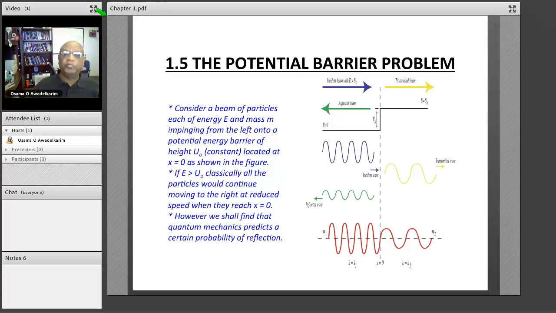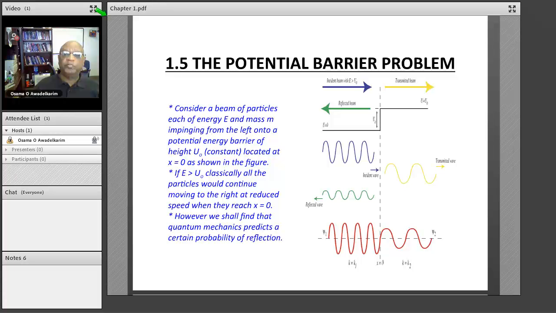Okay, so what we expect from classical mechanics is that since each particle has an energy E which is larger than U naught, then all particles will make it through the energy barrier and therefore will be transmitted to the right hand side, at x larger than 0, as we show here, a yellow transmitted beam.